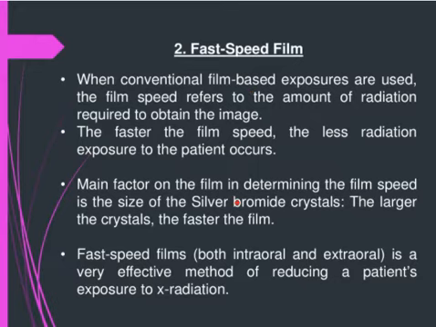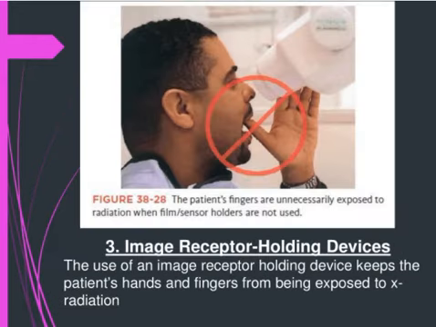The main factor on the film that determines the speed is the silver halide crystals. The larger the crystals, the faster the film. Fast speed films are used in both intraoral as well as extraoral film based radiography, so that the effective dose to the patient is reduced to the maximum possible.